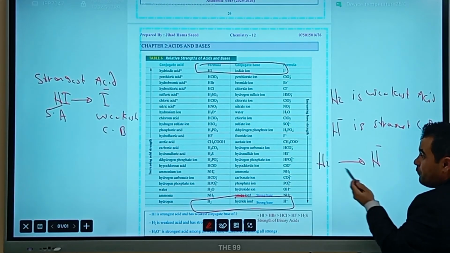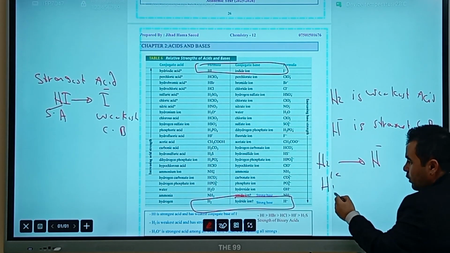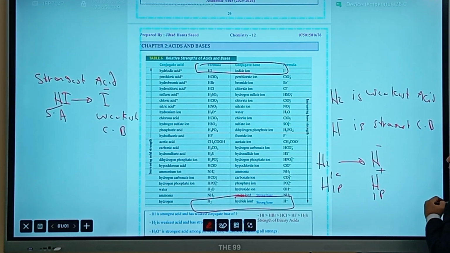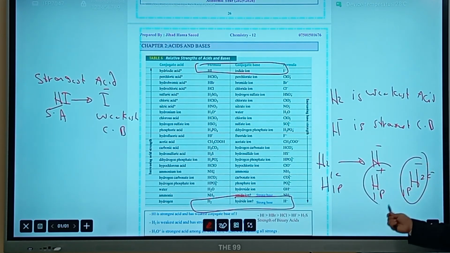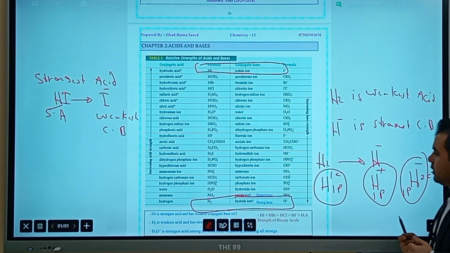Because guys, we have three forms of H. H itself has one electron and one proton. H positive has only one proton without an electron. H negative has one proton but two electrons, having gained another electron. So this is hydride, this is the proton, and this is the neutral hydrogen atom. The hydride is the strongest conjugate base of hydrogen gas.